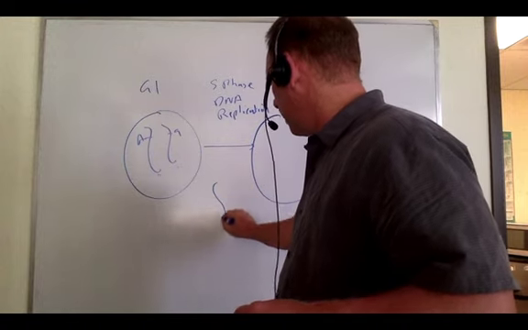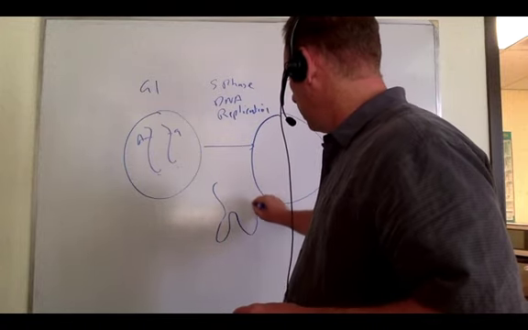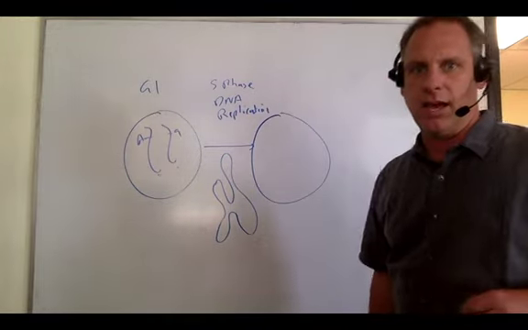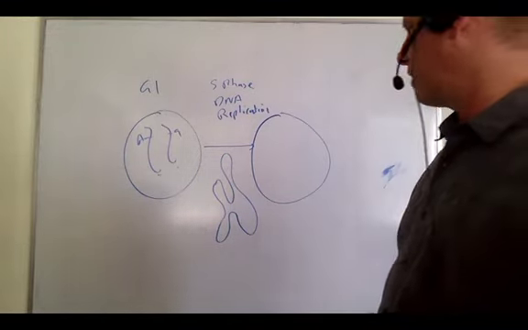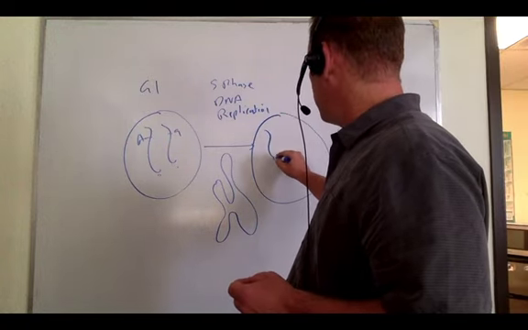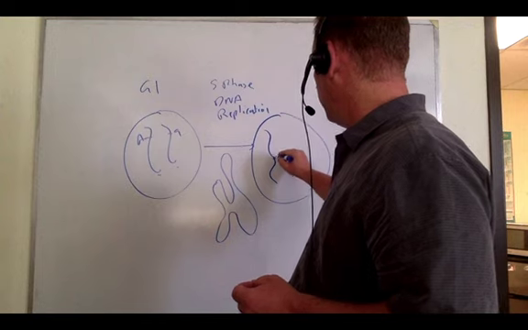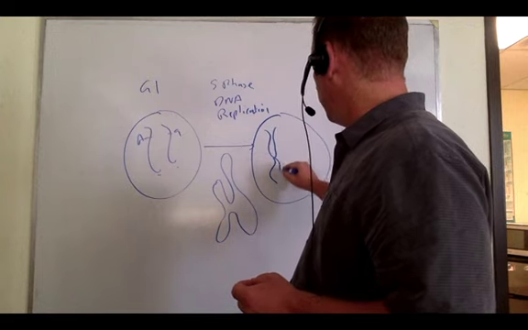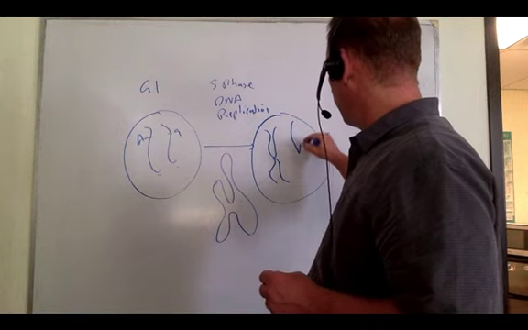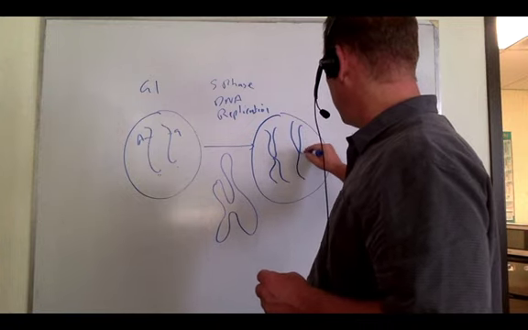Oftentimes you'll see it like this, actually. Well, that's terrible, but you get the idea, like a sort of weird X. All right, I'm going to show it as this, and they're actually joined at the centromere like that. All right. So there's one of the chromosomes, and then there's the other one of the chromosomes after DNA replication.